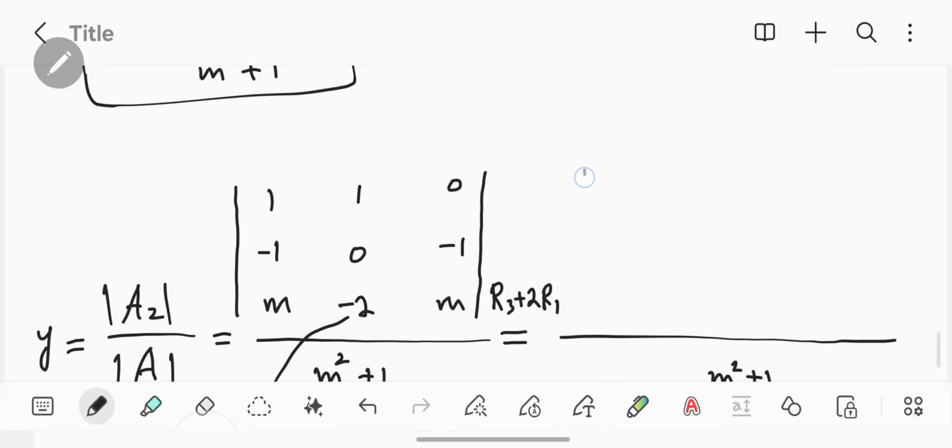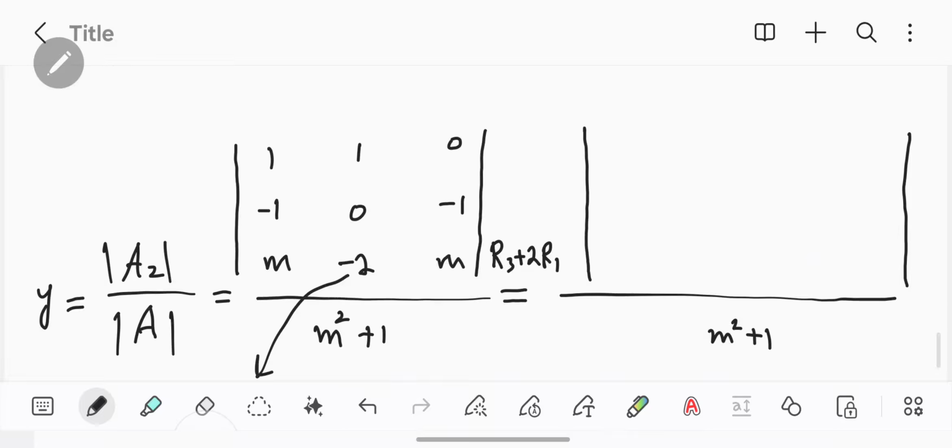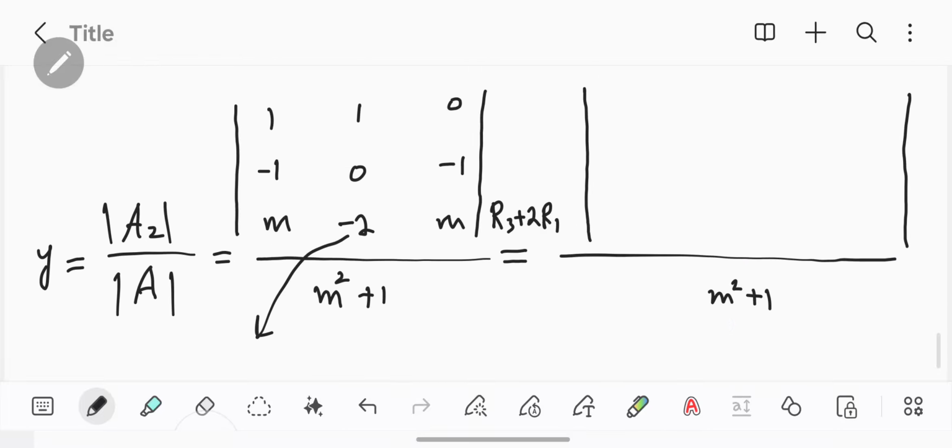So I will write R3 plus 2R1, with m squared plus 1. So first of all, I will write R3 plus 2R1: 2 times 1, and then minus 1 plus 2 times R1 is 1. Then this number is m plus 2 times R1, 2 times 0 is 0.